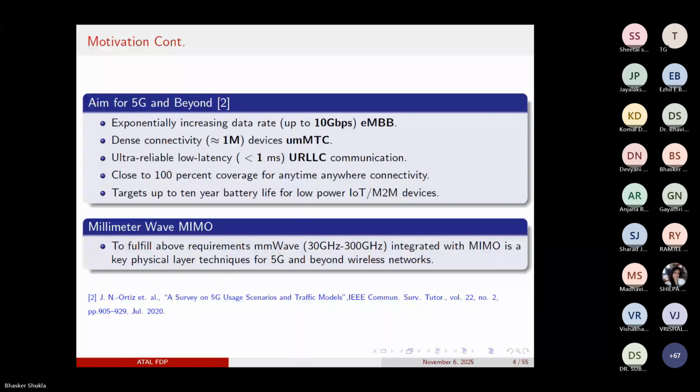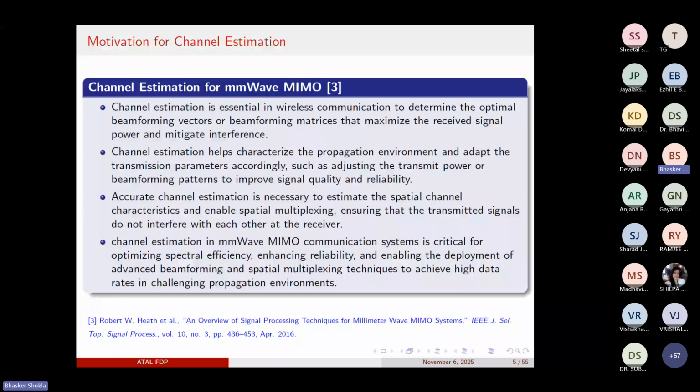And signal processing is basically related either to channel estimation or beamforming. So here I have discussed channel estimation for the different millimeter wave related systems.